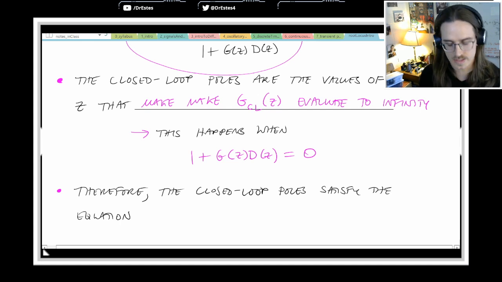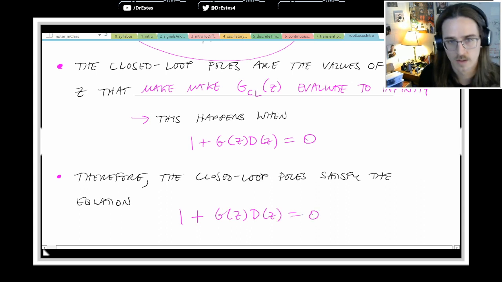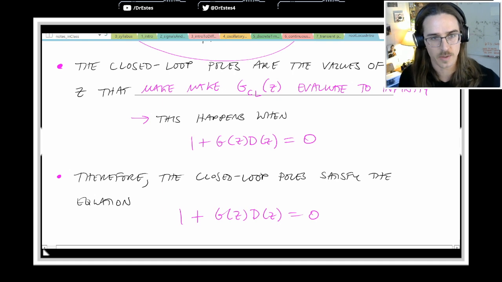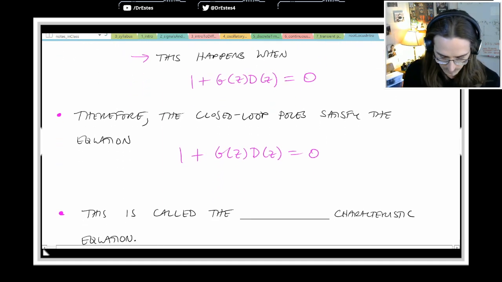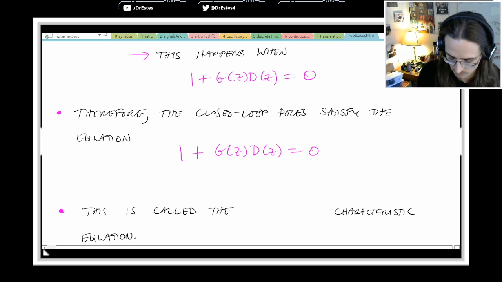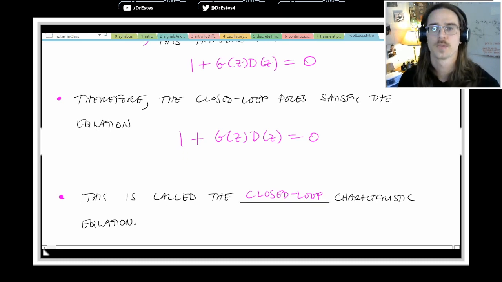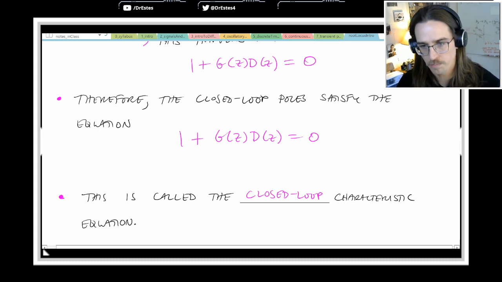So closed loop poles satisfy this equation. If I plug a value of z into this equation and it evaluates to 0, then it is a closed loop pole. And this is called the closed loop characteristic equation. Because remember, the roots of the characteristic equation are called the poles.